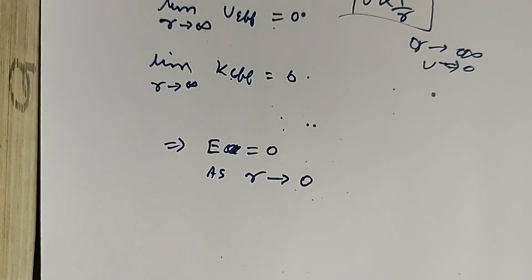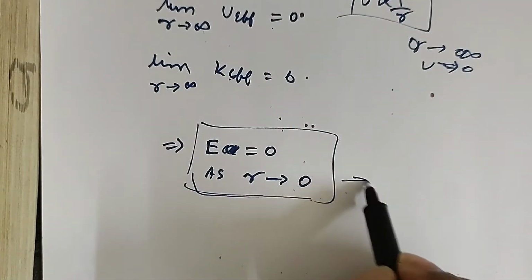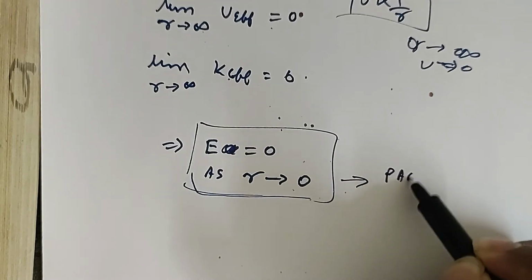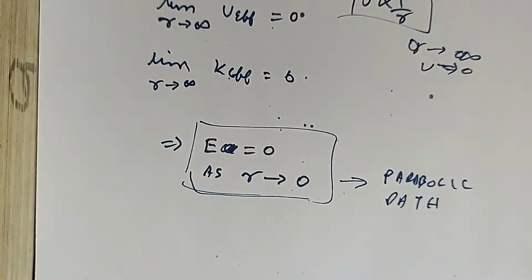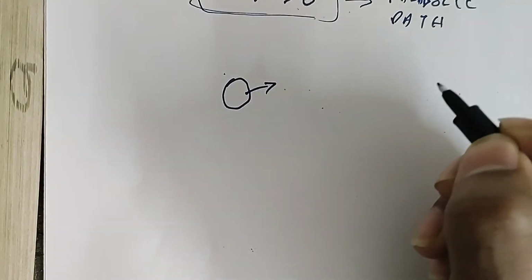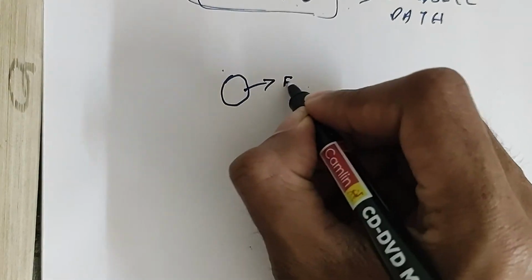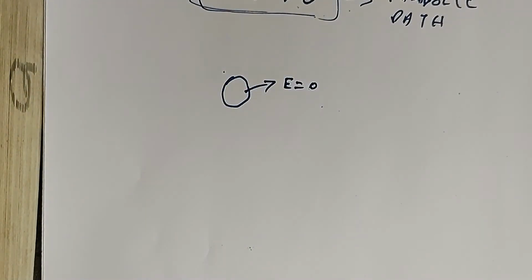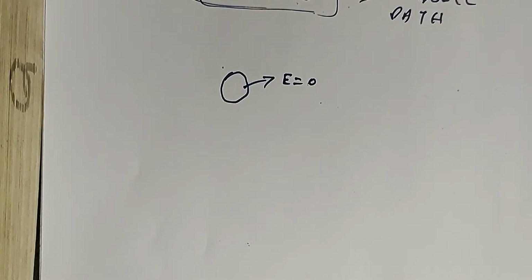That means this path corresponds to the parabolic path. To escape from a planet, if this is a planet and you want to escape it, the body must have energy equal to 0. Now, the escape velocity differs for different planets.